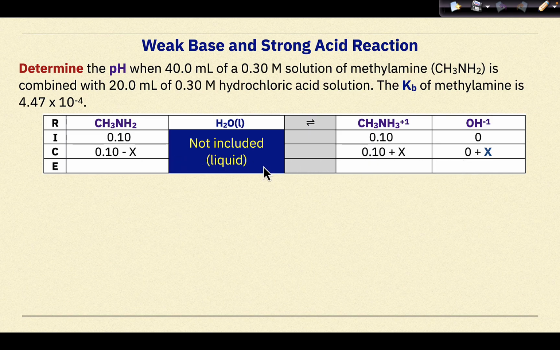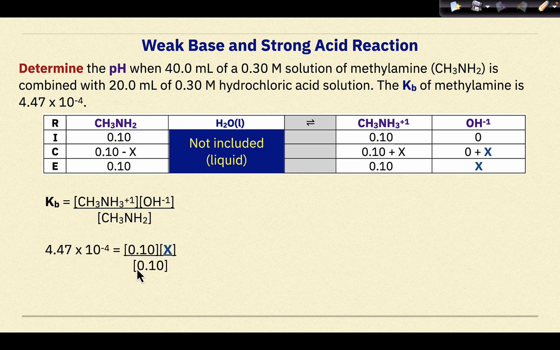We will assume that X is small based on the Kb value, which is 4.47 times 10 to the negative 4. Therefore, at equilibrium, the values in the RICE table will be 0.10, 0.10, and X. Using the equilibrium expression for Kb, the values from the table can be substituted into the expression.